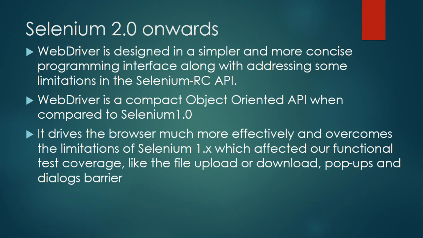Also, WebDriver is a compact object-oriented API when compared to Selenium 1.0. So it supports object-oriented programming as well. It drives the browser much more effectively and overcomes the limitations of 1.x, which affected our functional test coverage like file upload, download, pop-ups, and dialog box barriers like that.